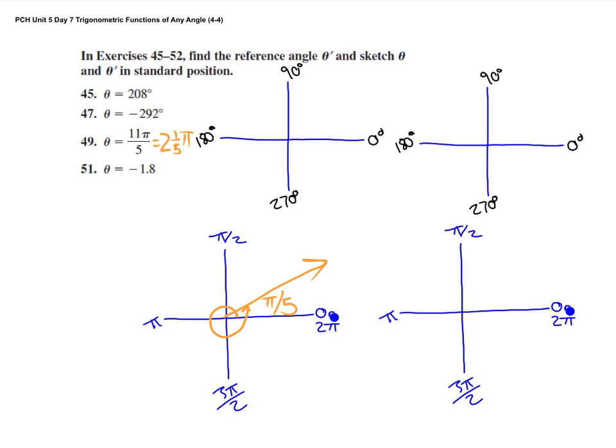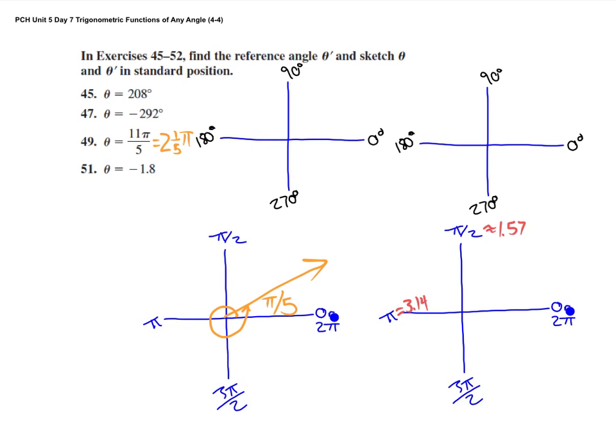Another thing that can be a little tricky is when our radians are given as decimals rather than pi. Pi is what as a decimal? 3.14. So what's pi over 2, approximately? About 1.57.